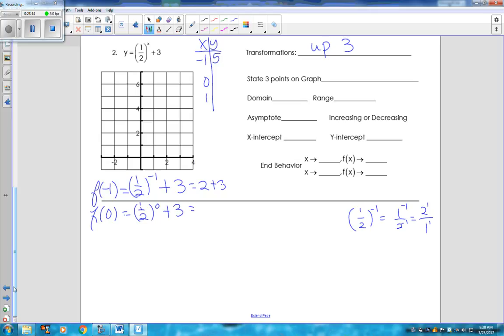What will that simplify to? 1 plus 3, which is 4. And now to the first power. 1/2 to the first power plus 3 is 3.5. So the 3 points that I have are -1, 5, 0, 4, and 1, 3.5.